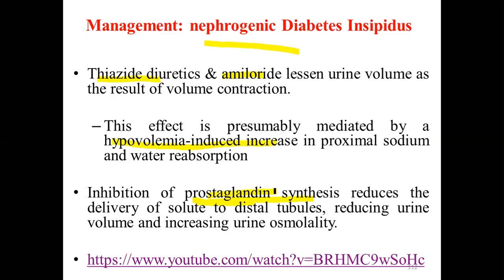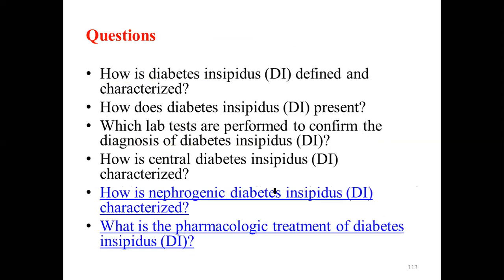So maybe before we go to the short video, can we discuss a few questions? How is DI defined and characterized? It's a very straightforward question. So can we just interact? Alan, let me start from the word A. So how do you define DI? Alan is not in?